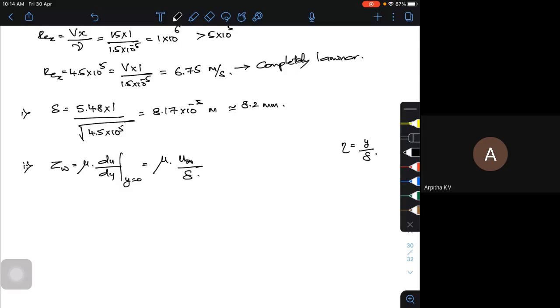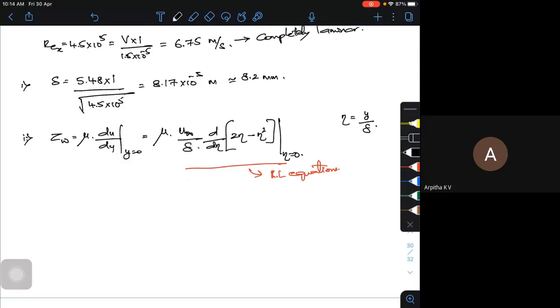So d by d eta of 2 eta minus eta square at eta equal to 0. So this equation we have already derived in my boundary layer equations. This is for a 1/7 profile. Now what we have to do is substitute all the values and try to get the value for it.